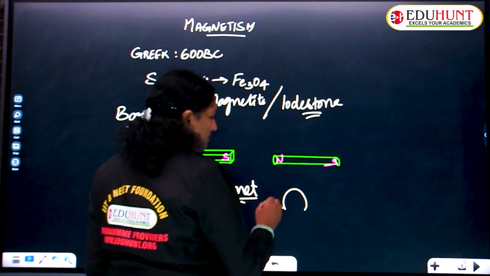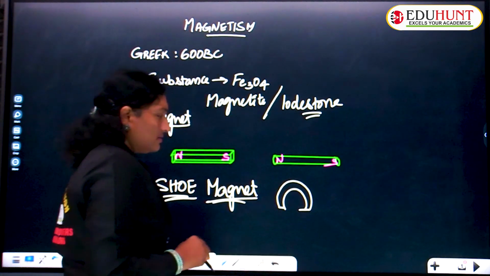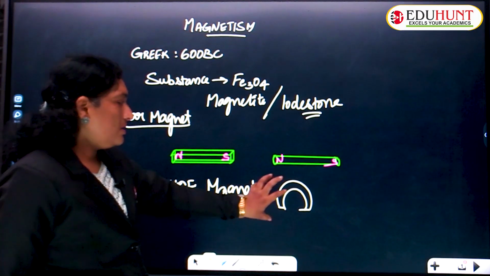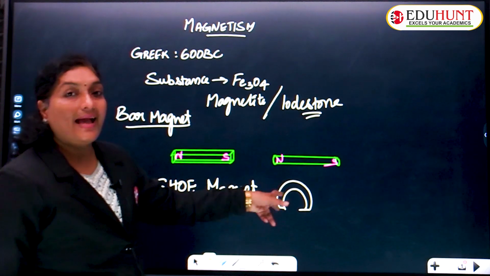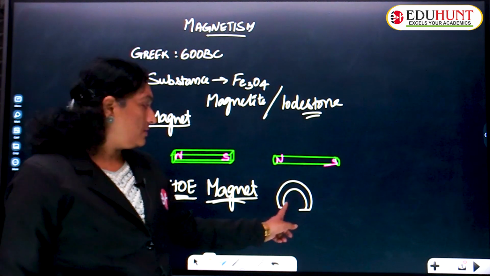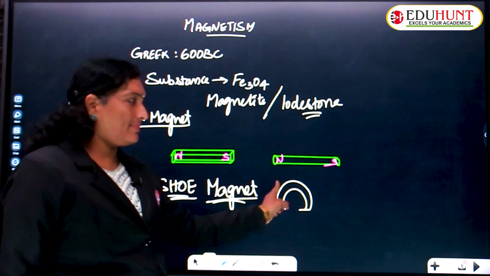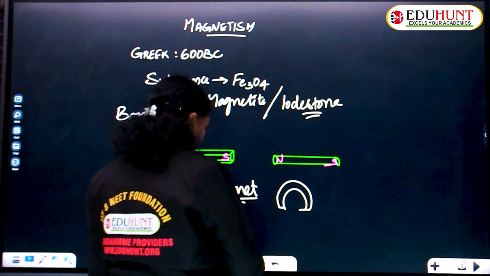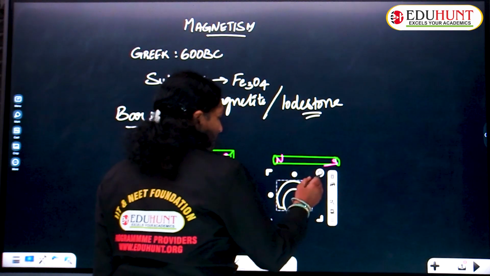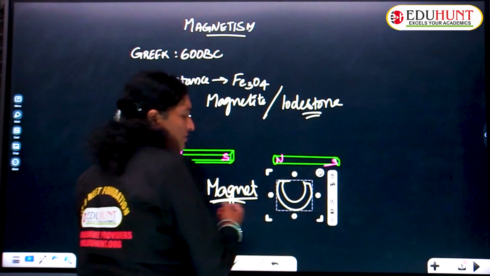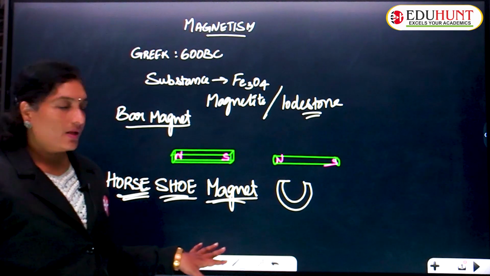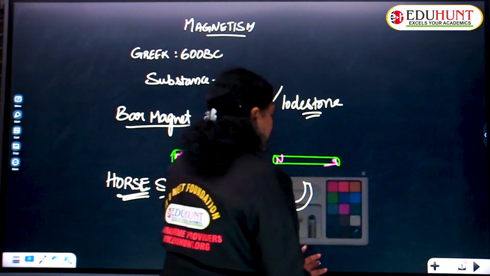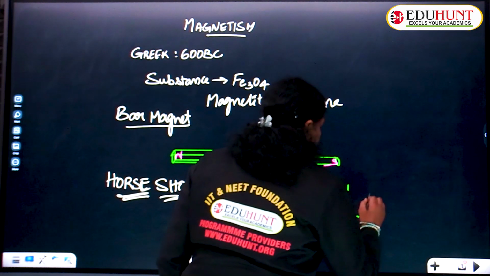The magnet will also be in the same structure. If you attach a shoe to a horse, the shape of the horseshoe would be something like this. Hence, the shape is U-shaped, isn't it, children? This is in the form of a U.